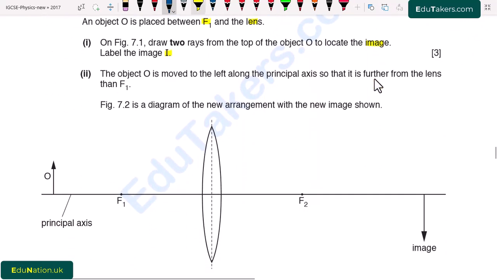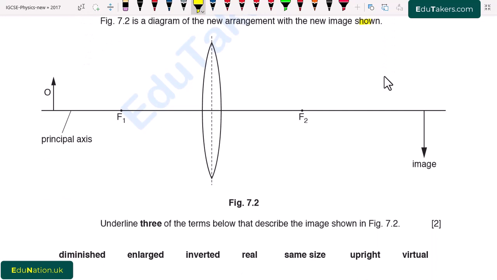Part 2. The object O is moved to the left along the principal axis so that it is further from the lens than F1. Figure 7.2 is the diagram of the new arrangement with the new image shown. Underline 3 of the terms below that describe the image shown in figure 7.2.